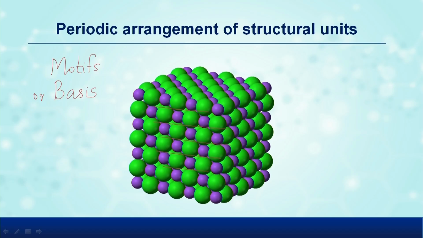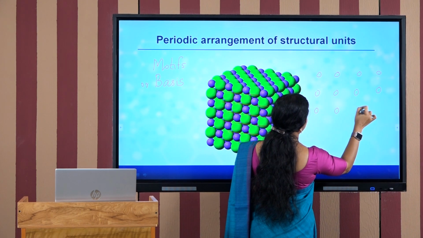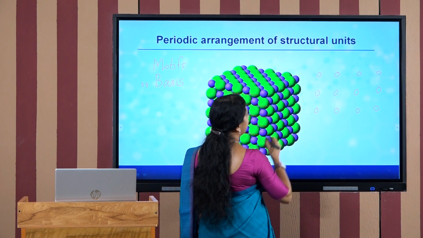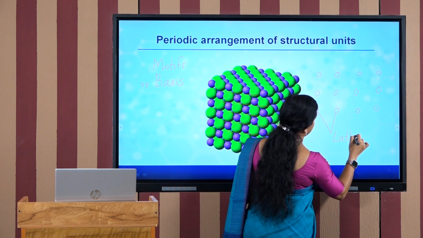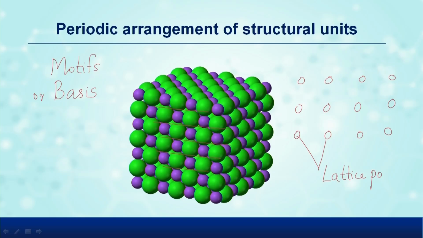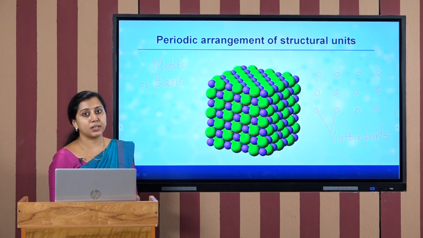And we have also seen that these motifs are placed on certain imaginary points that constitute a lattice. So, when these imaginary points are replaced by these motifs, then these are called the lattice points. Now, the peculiarity of each lattice point is that the surroundings or the environment around each lattice point will be identical.